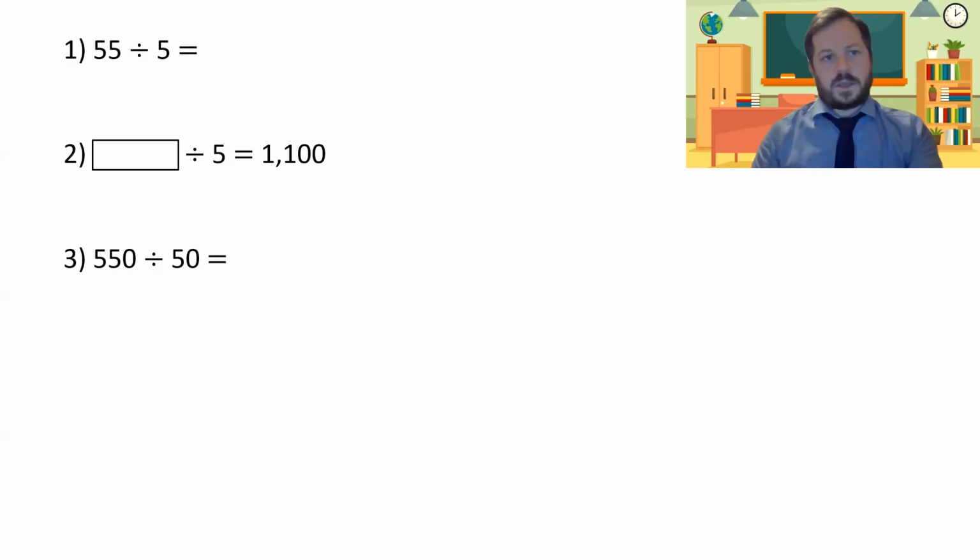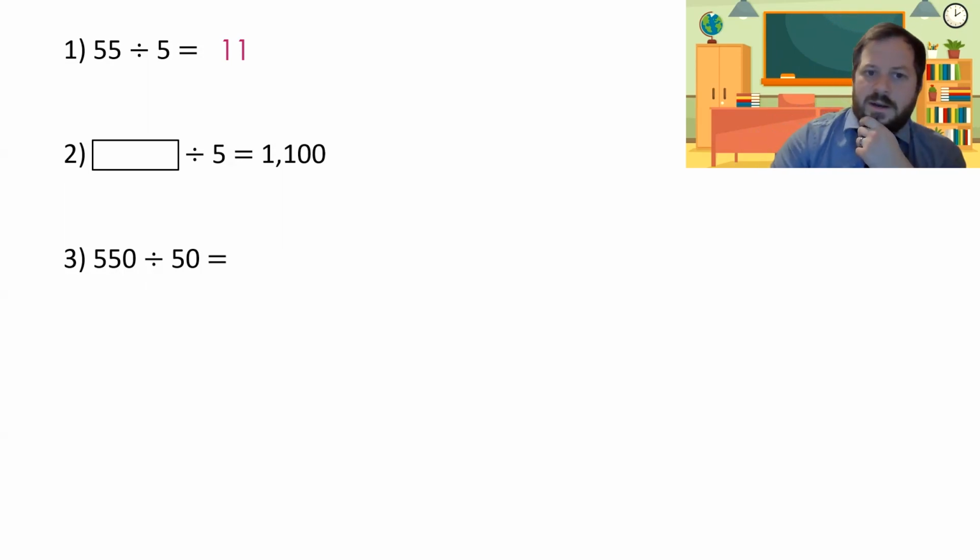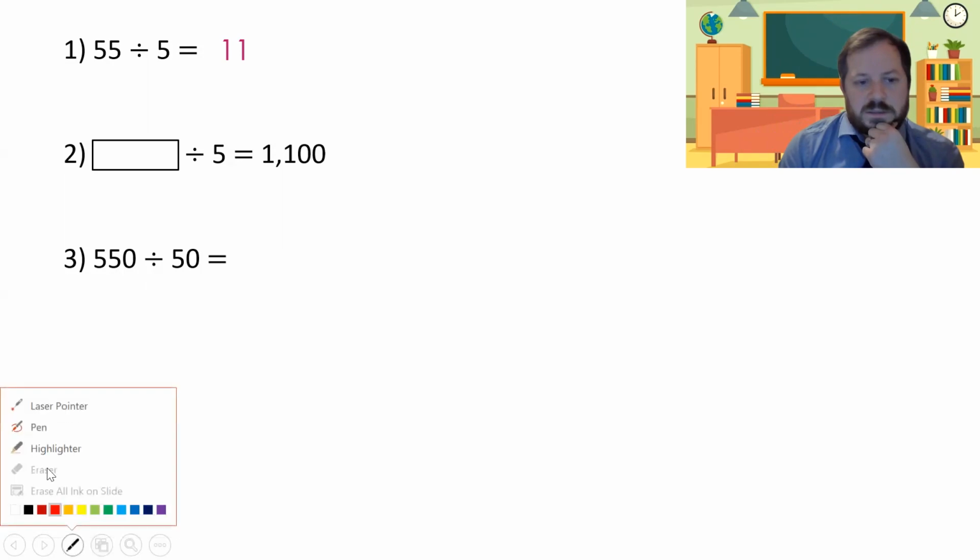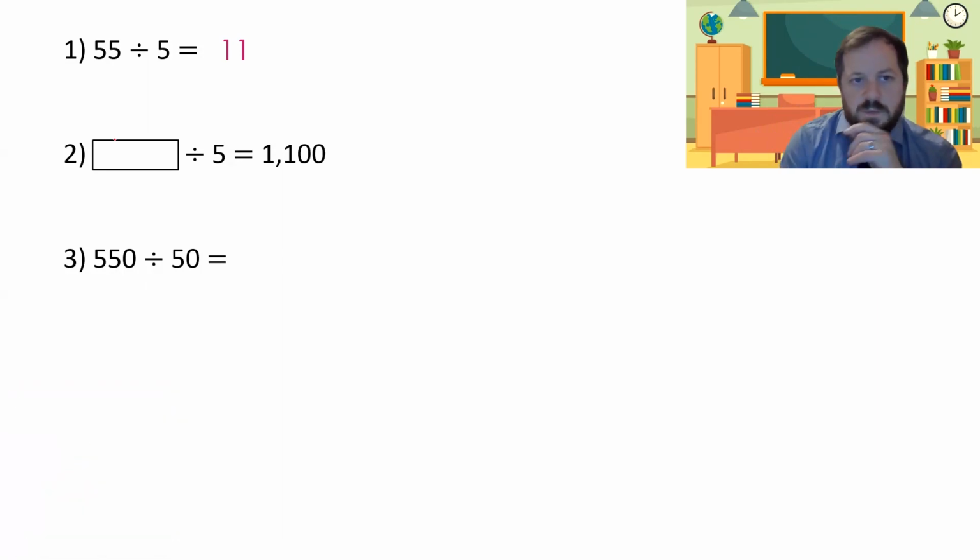Okay, so 5 divided by 5 is 1, as you may have seen very, very quickly before. And then what we've got here is something divided by 5 equals 1,100.